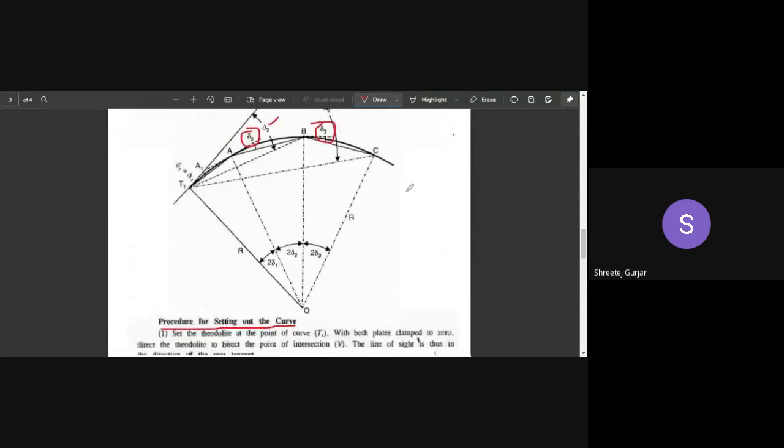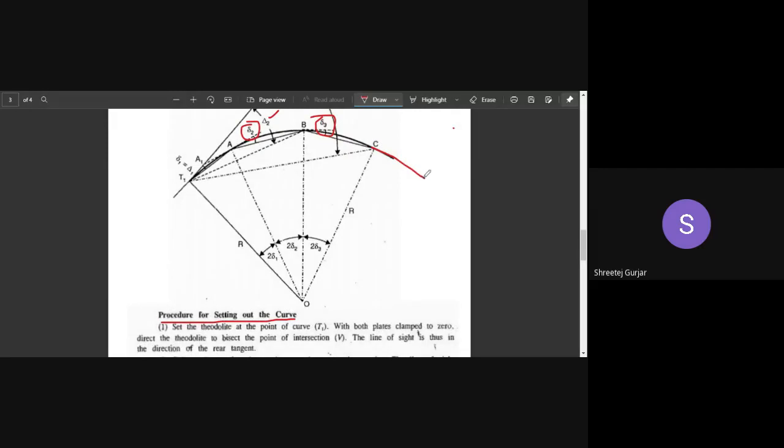One check that you can do is, once you arrive at T2, the point of tangency is already known to us. Suppose it is over here, point of tangency T2. This chainage will already be known and fixed previously.